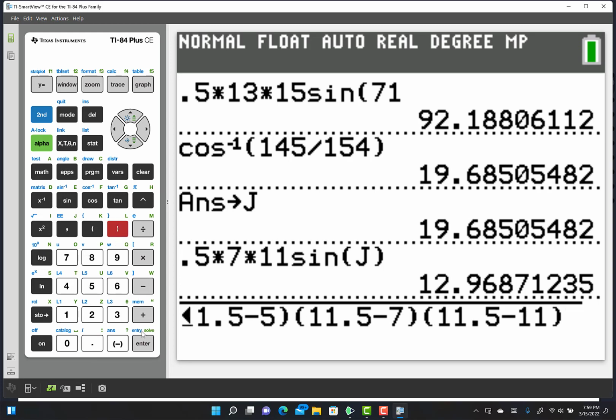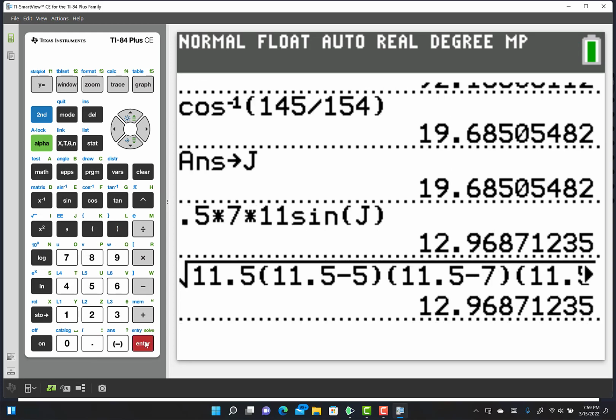Here's the moment of truth. Push enter. And look at that. OMG. 12.96871235. The same exact digit per digit.